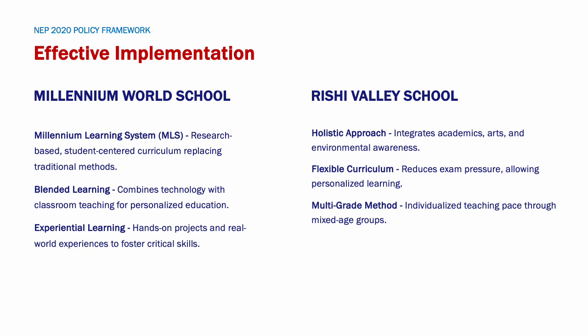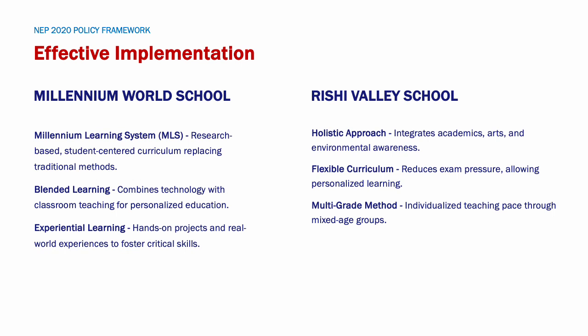Here are a few more examples of effective implementation in schools. The Millennium World School. Via their Millennium learning system, research-based, student-centered curriculum is replacing traditional methods. Combining technology with classroom teaching for personalized education, they are promoting blended learning.